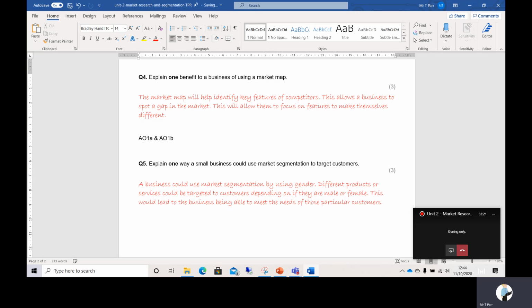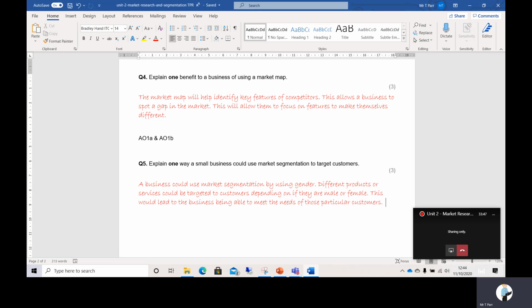It is just stating the obvious and just expanding your answer. So a business could use market segmentation by using gender. Different products or services could be targeted depending on if they're male or female, quite clearly. This would lead to the business being able to meet the needs of those particular customers. It's just squeezing out those extra couple of marks.